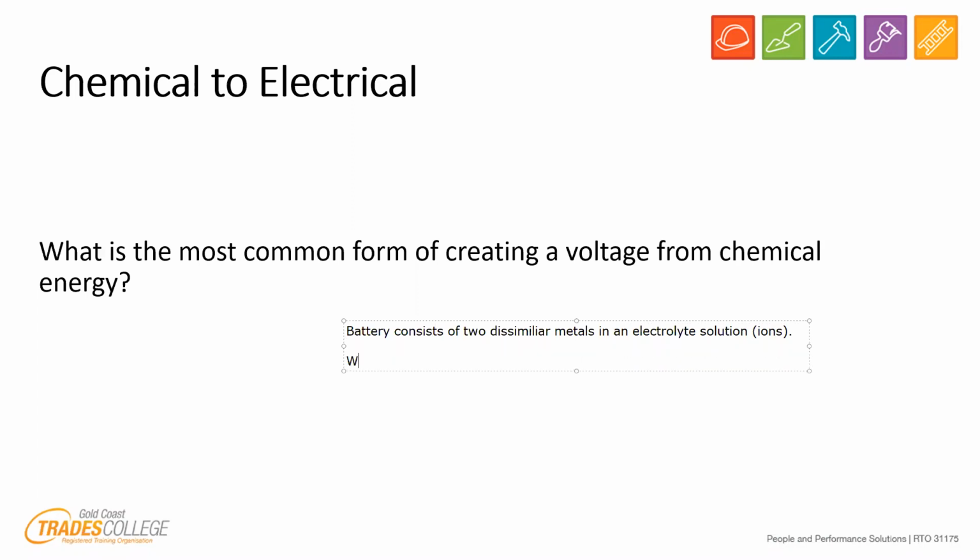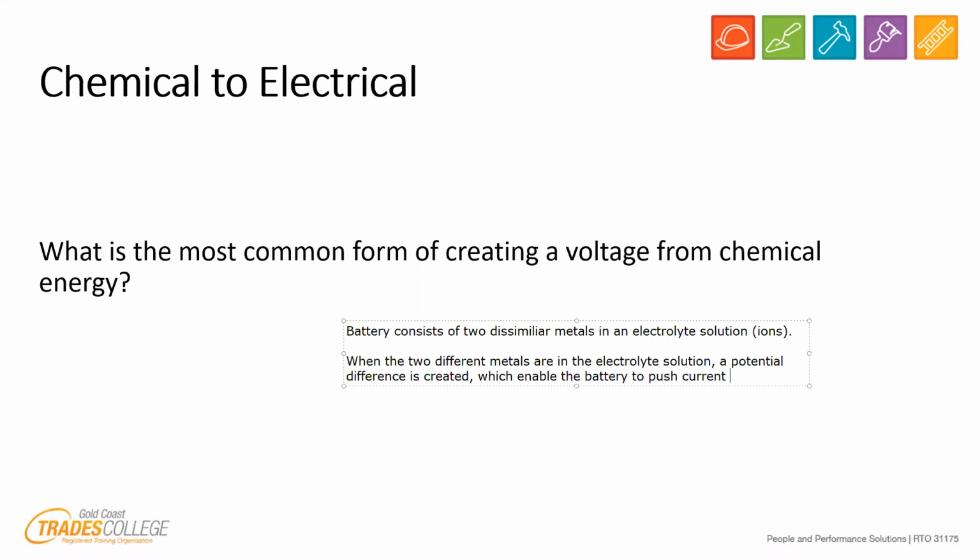So when the two different metals are in the electrolyte, a potential is created, which enables the battery to push current through a circuit. So an electrolyte is like an acid or an alkali or something like that.